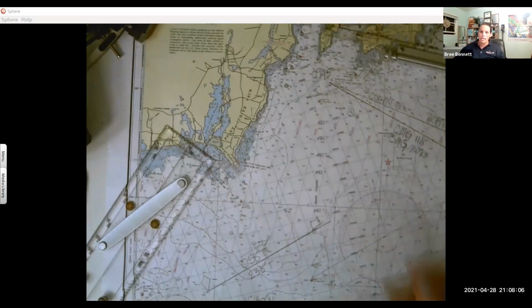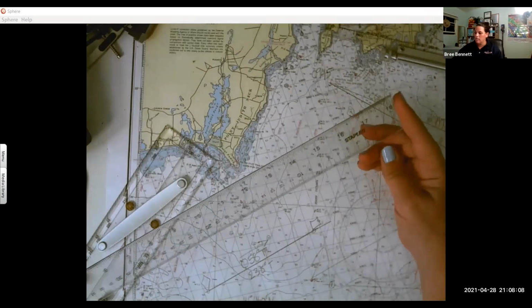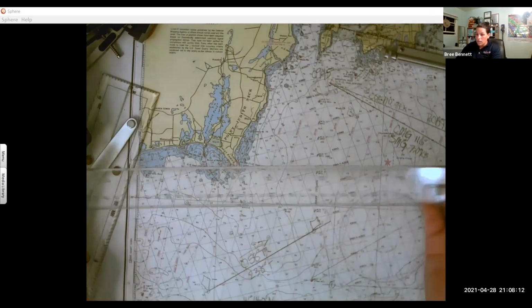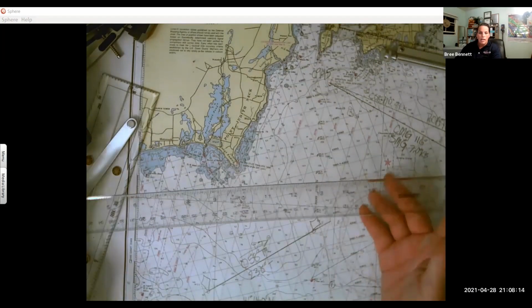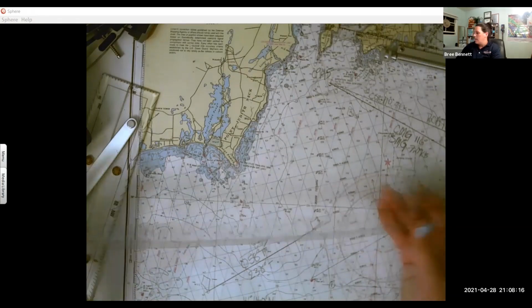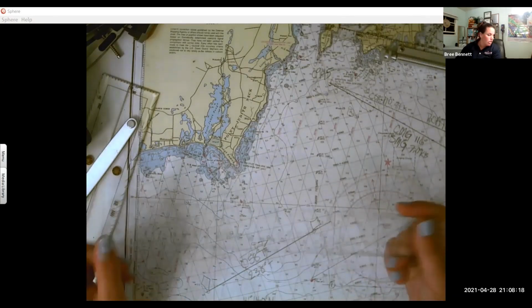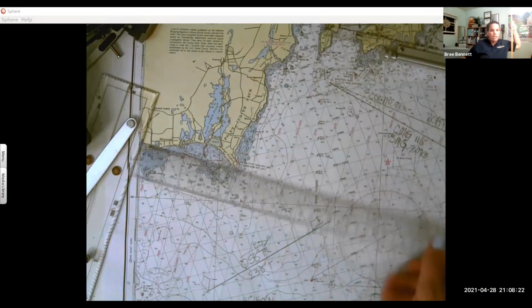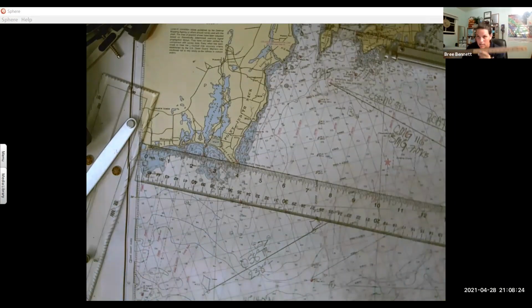I always like to recommend getting a ruler. Your 18-inch ruler is great because it's not too long, but it does help. If you are keeping your nav tools on the boat, I always like to throw in a yardstick just so you can do those nice long distances. But again, maybe you don't have a yardstick or a ruler.